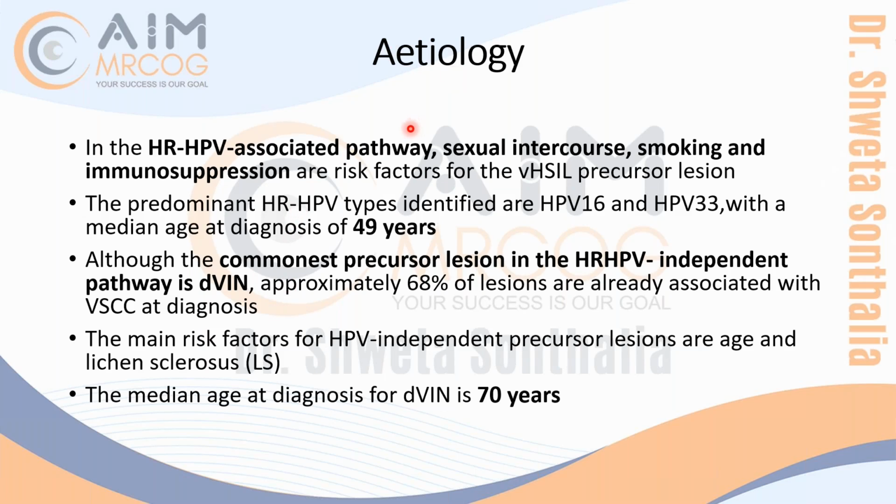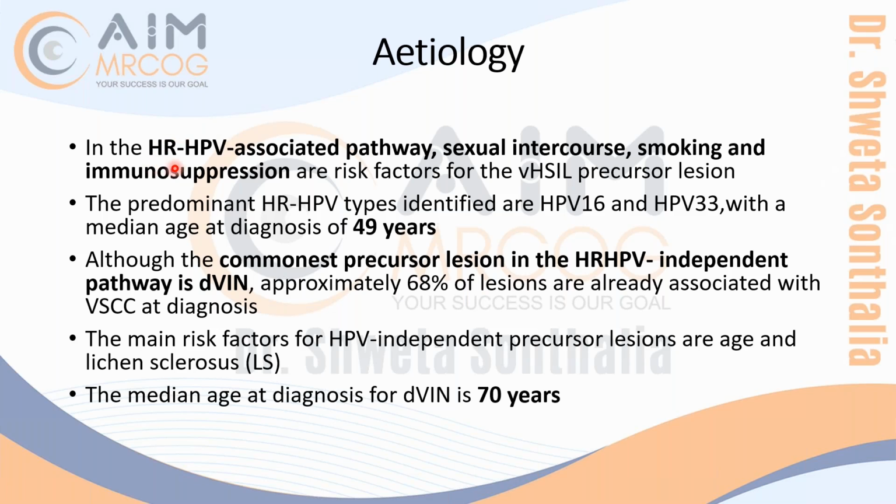Now, if we talk about etiology, the high risk HPV associated pathway, we all know that high risk HPV types are HPV type 16, 18, 33, and many more. There is a vaccine also, which covers 16 and 18, but 33 and other types of viruses are not covered by the vaccine.